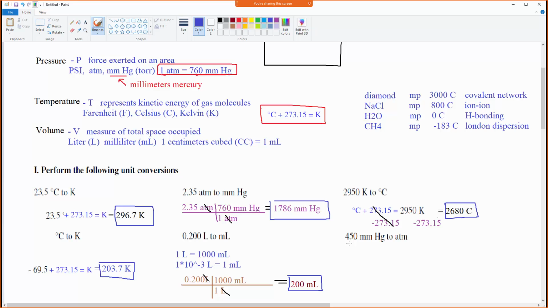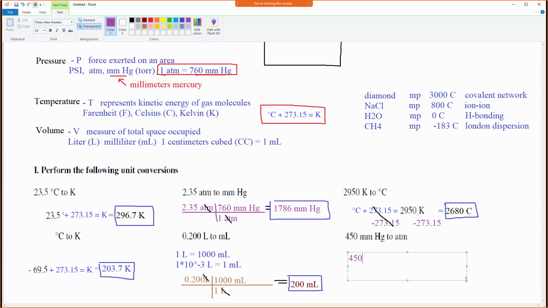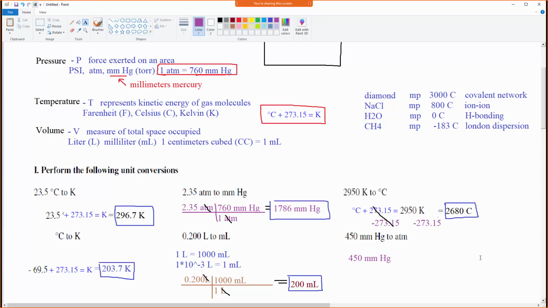All right, last one, 450 millimeters of mercury. Convert that guy to atmospheres. What are we going to do? Yeah, 450 millimeters mercury. Then use our conversion factor here.